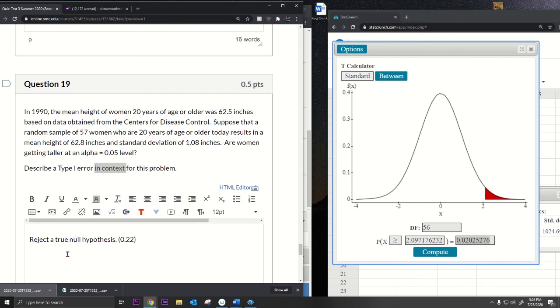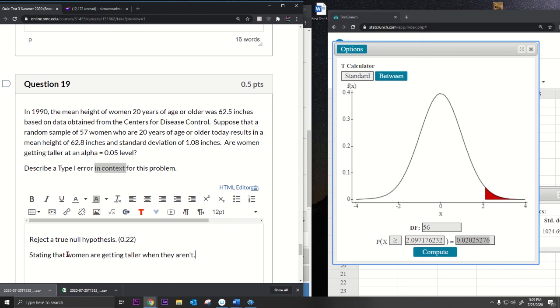So what does it mean to reject a true null hypothesis? Well, that means stating that women are getting taller when they aren't. Stating women are getting taller when they aren't, because the null hypothesis is that they're not getting taller. So we are rejecting that they're not getting taller. That is what it means to make a type 1 error.